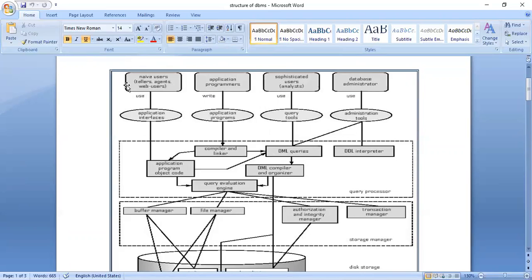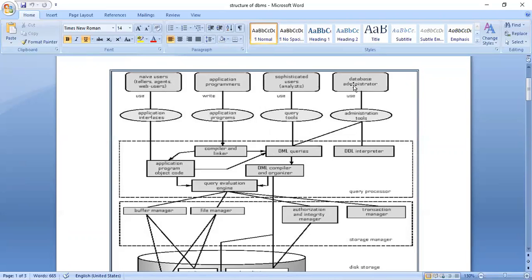This structure of the database management system starts from the users, because the user is the one responsible for giving queries. One of the best users you can find here is the database administrator, DBA.